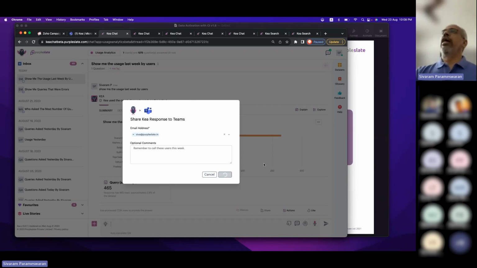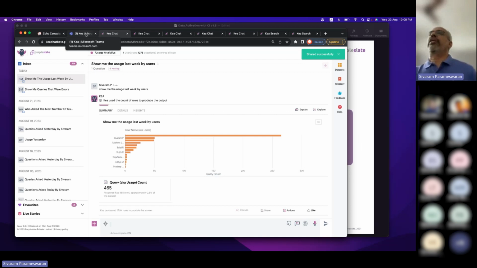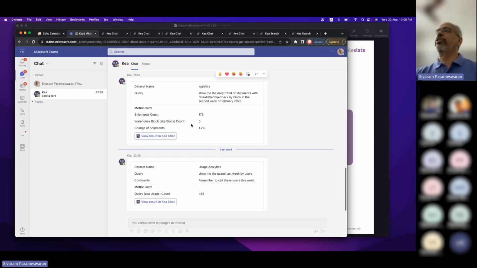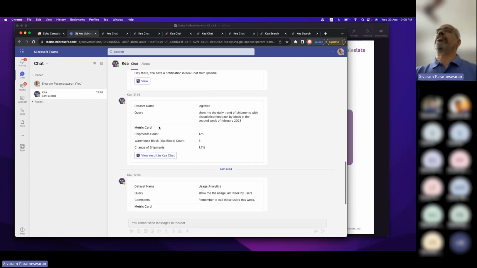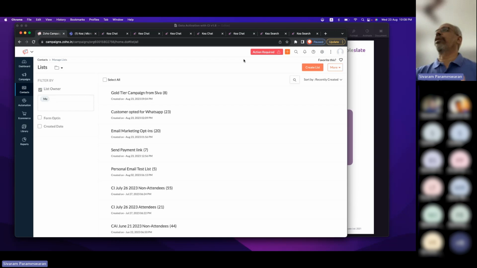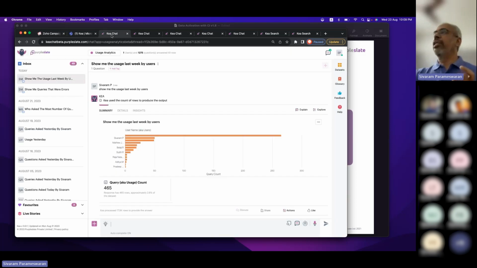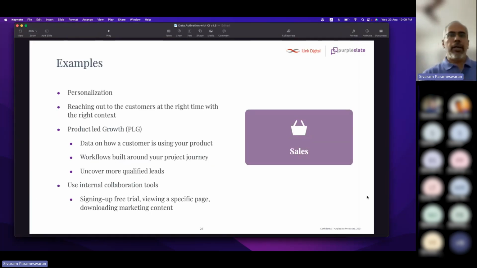From here, it's like I just sent it to myself, and the metric just gets posted to my Teams account, right? So I think that's the whole idea behind how you really combine the data and insights, by integrating it with actions, for the data activation layer, right? So this is one example on sales.